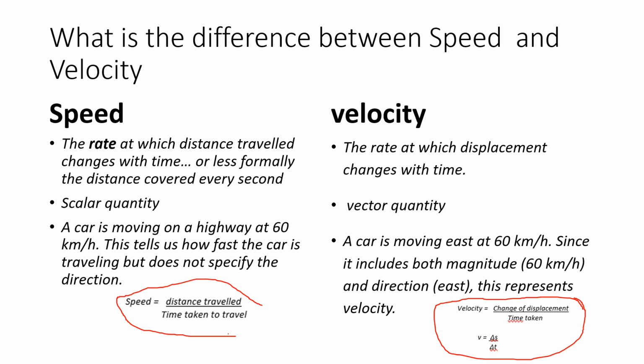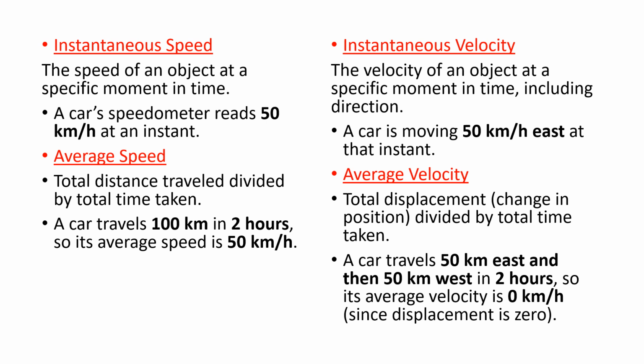So next is instantaneous speed and instantaneous velocity. Instantaneous speed is the speed of an object at a specific moment in time. For example, if you are traveling in a car, the traffic camera records the speed at a particular instant.